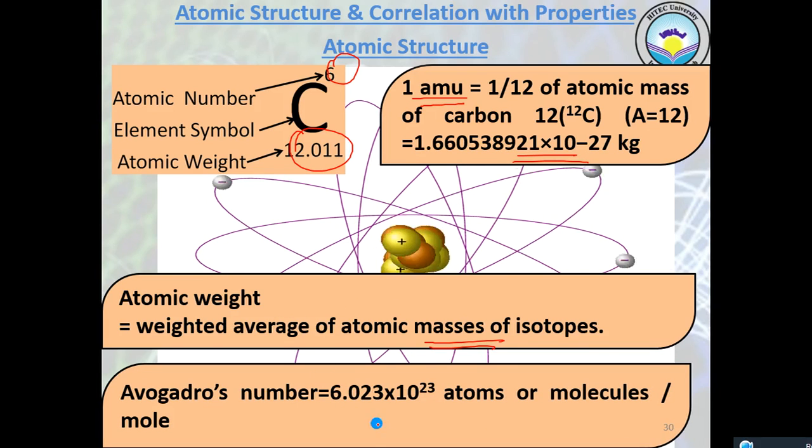Avogadro's number is 6.02 × 10^23 atoms per mole or molecules per mole.